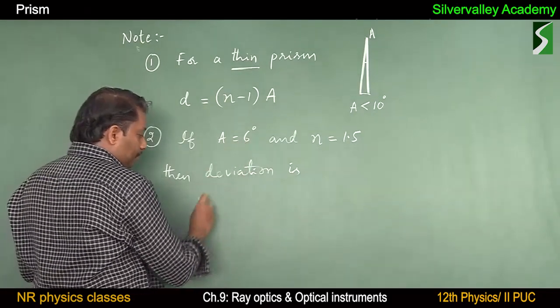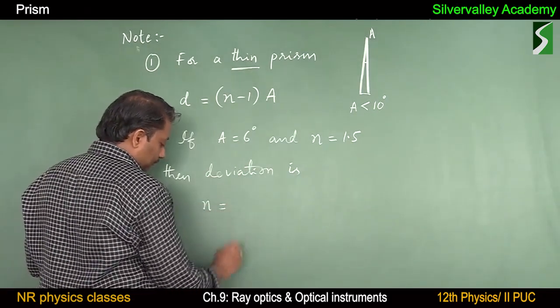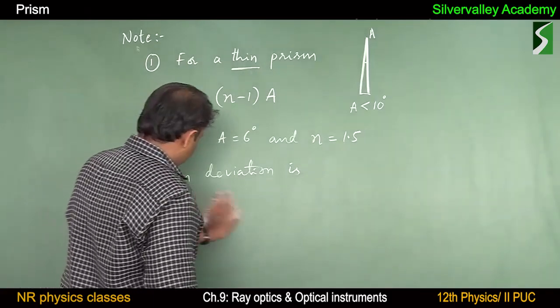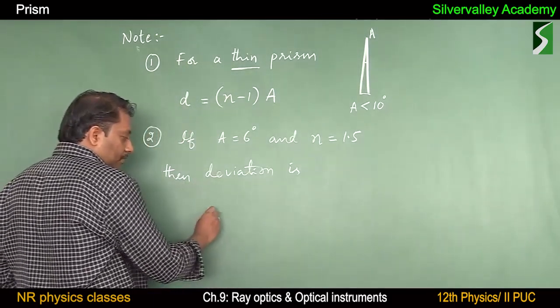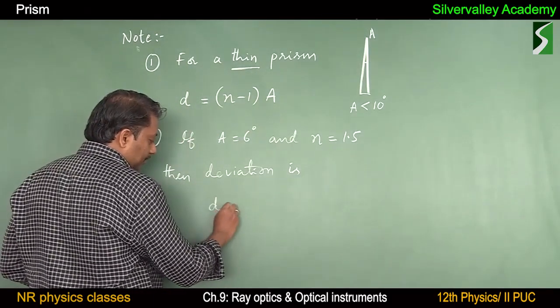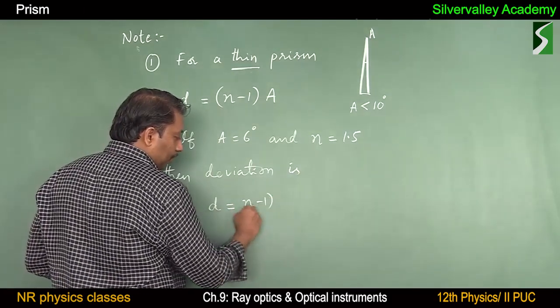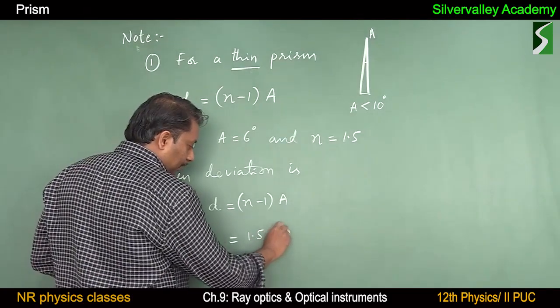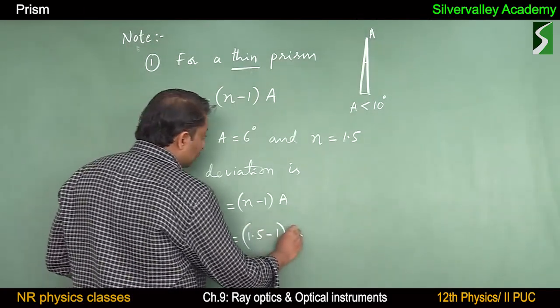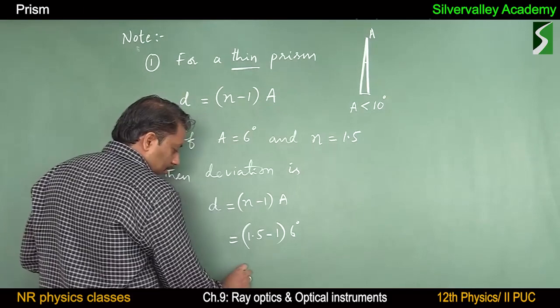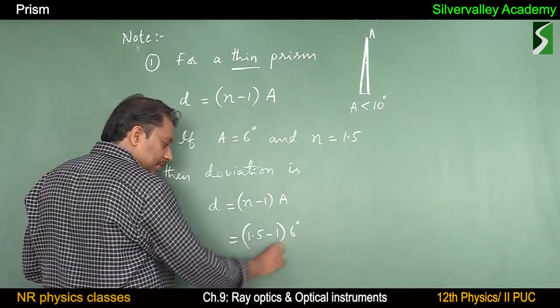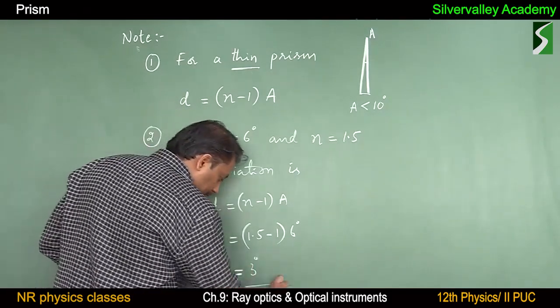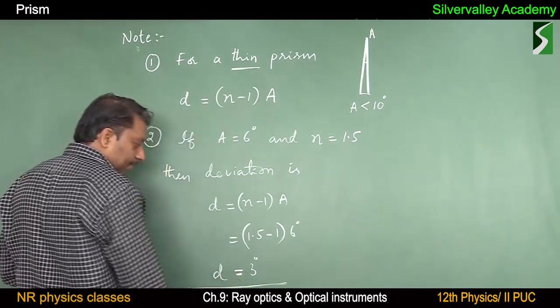If it's a thin prism, then deviation is (n minus 1) into A. That is (1.5 minus 1) into the angle of the prism, 6 degree. So this is 0.5 into 6 is 3 degree. This deviation is 3 degree.